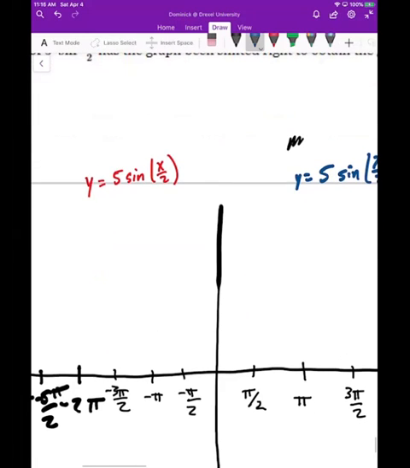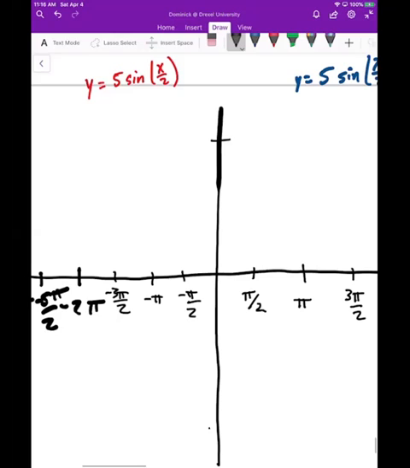So now if I want to look at the 5 times sine of x over 2, we know that this is going to have amplitude 5, right? So the distance between the highest and lowest point will be 10, because if we divide that by 2, we'll get 5.